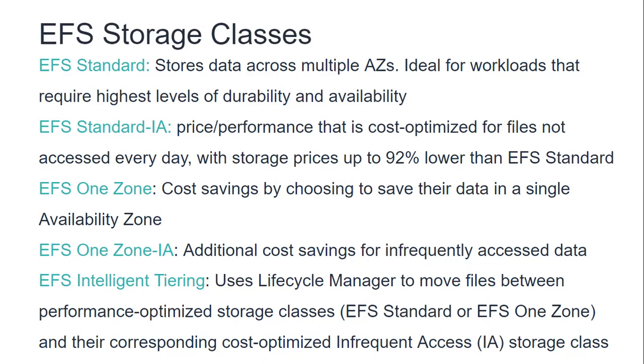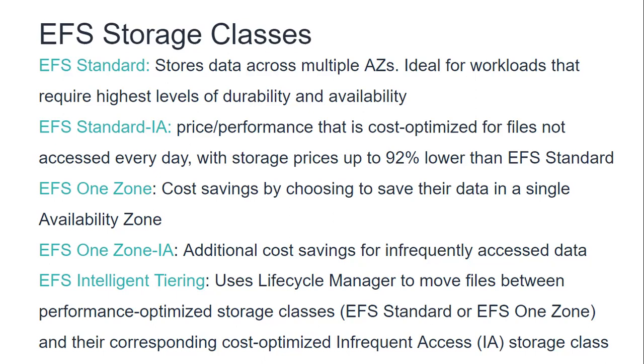So EFS Standard is there. This actually applies to S3 also, which is an object storage, and DynamoDB also has something similar. Your storage classes basically tell you how your data is stored, whether it's stored across multiple availability zones, and also how quickly you access the data.